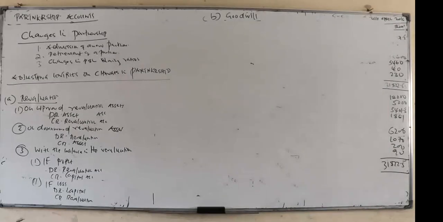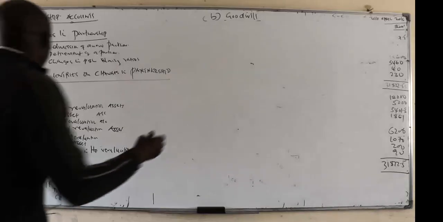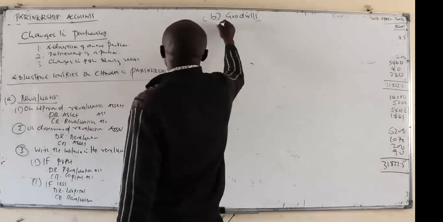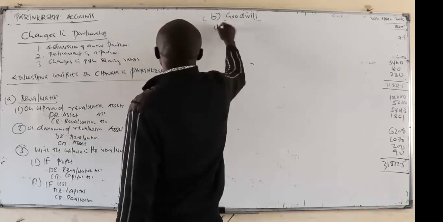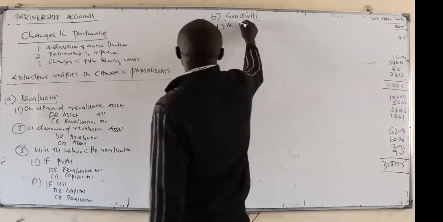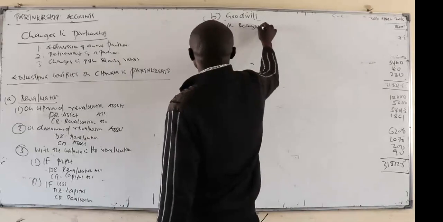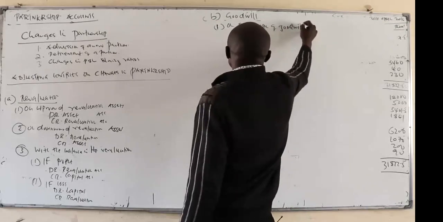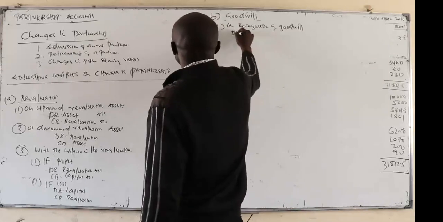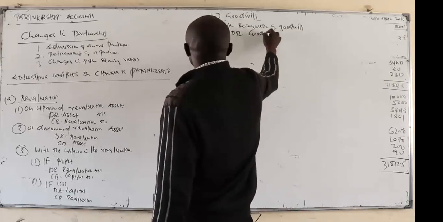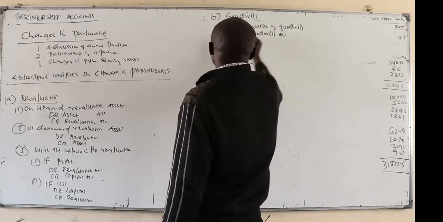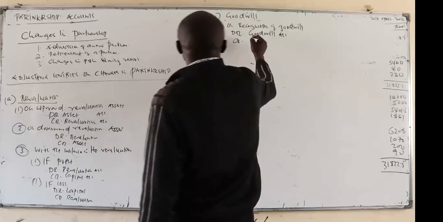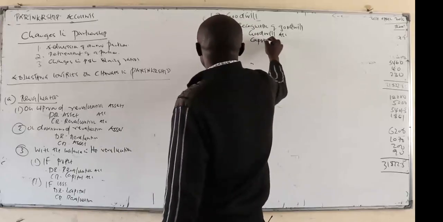Number one, on recognition of goodwill, you debit goodwill account and you credit capital account, with the old profit and loss ratio.